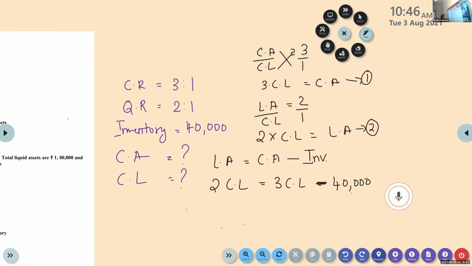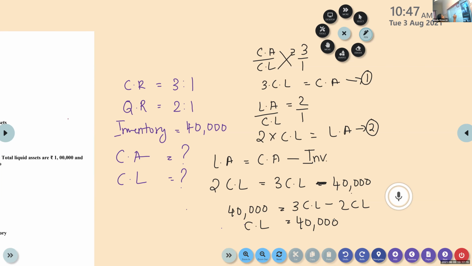So 3CL minus 2CL, CL is equal to 40,000. 40,000, we are taking it other side, 3CL minus 2CL. So current liability is equal to 40,000.